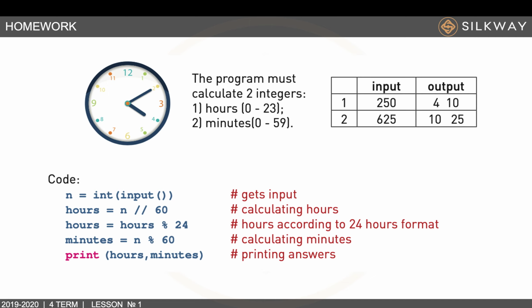You will divide by 60 to get hours. You will divide by 24 to get the exact number of days, and so on. This is your homework. I will send you the presentation, so just do it.